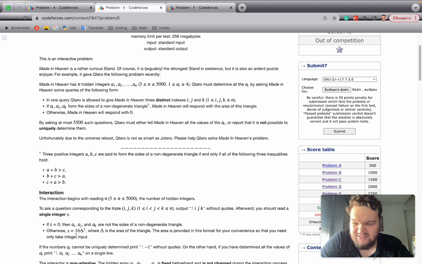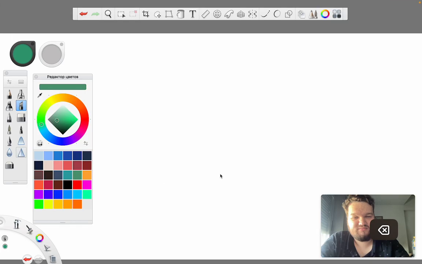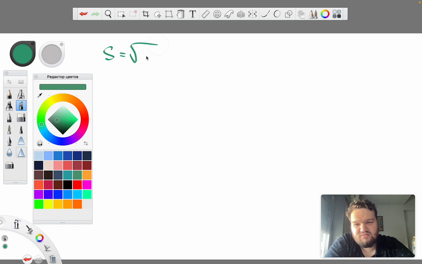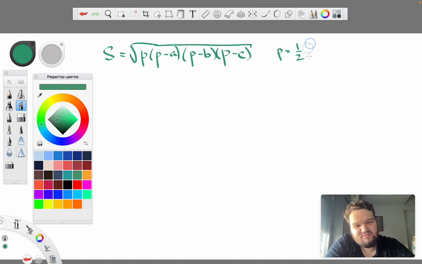Okay, let's see. So what will actually be outputted is 16 times area squared. So there is Heron's formula for the area of the triangle, where P is half the perimeter.